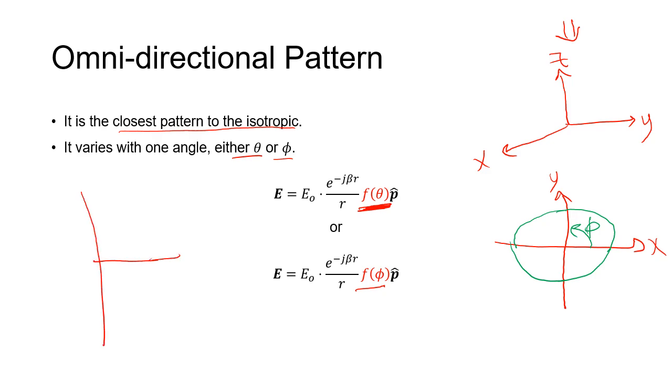Looking at another plane, for example from this direction at the YZ plane, you do see some change with theta, right? If it is really a function of theta, something like this, for example. So depending on how you look at the radiation, you will see either a constant, no variation with angle, or a change with theta, since theta is plotted with z here.